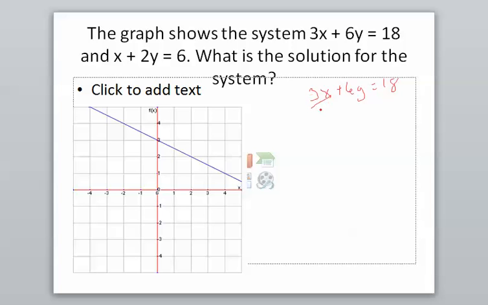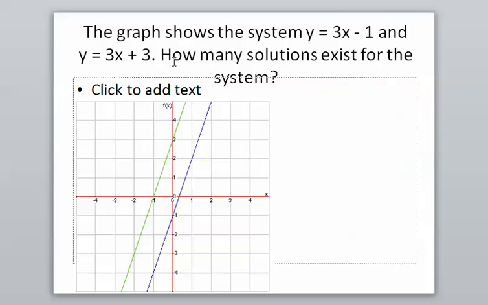So I'm going to divide every one of them by 3, factoring that out. When I do that, I get x plus 2y equals 6. That is the exact same equation as I've got on this one over here. So that means this one line represents both equations. So there is an infinite number of solutions for this one, because it's the same line.